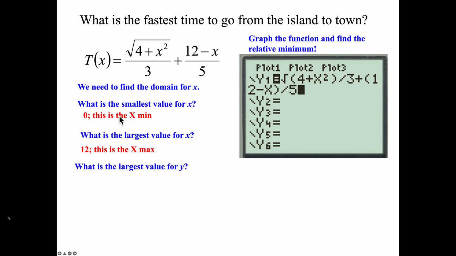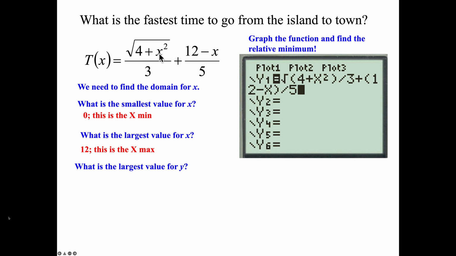Y min and Y max, let's see, the largest possible y value. Well, the greatest amount of time would be as if we rode all the way to town. So that's x equals 12, which turns the x part into a 0.